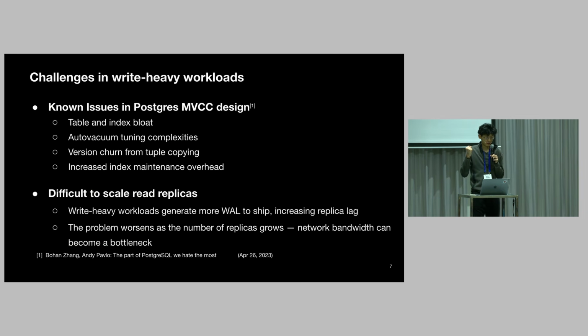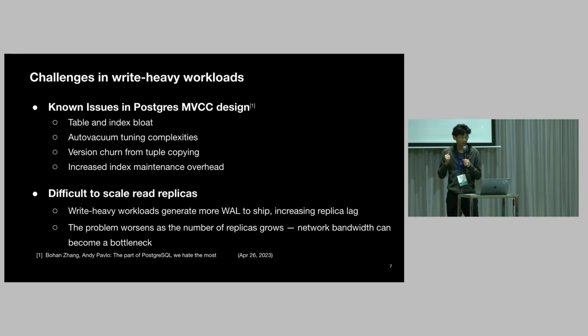It's also difficult to scale replicas with write-heavy workloads. This is because write-heavy workloads generate a lot of write-ahead log to ship, which can increase the replica lag. Like I mentioned before, when you update a single field in a row, it needs to copy the entire row, so it needs to ship more write-ahead log compared to other systems.